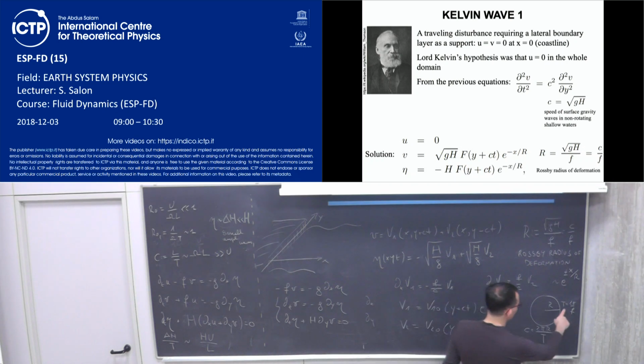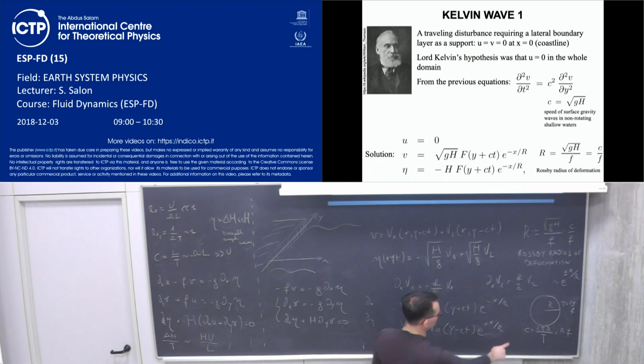So if we have this, we just obtain r equal to c times 2 pi over f, and so we will obtain again c over f.